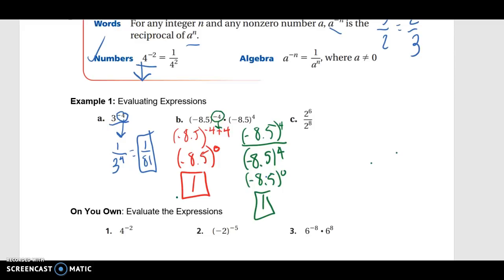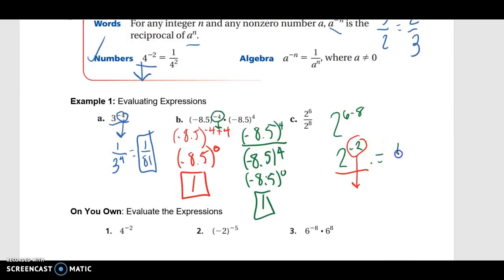So next one. We are left with a division, so what we're going to do is subtract. I have 6 minus 8, which gives me a negative 2. And since we have a negative exponent, we have to bring this below the fraction bar line in order to make it positive.